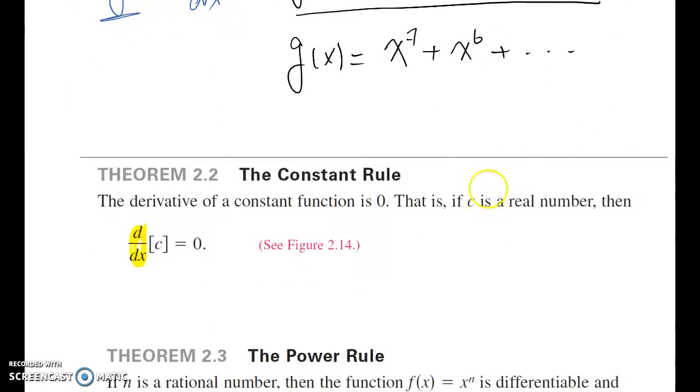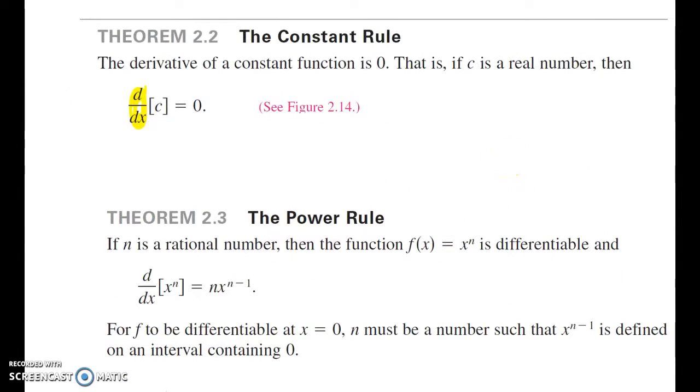So the first thing is the constant rule: the derivative of a constant function is 0. As you see here, let's think about why the derivative of a constant equals 0.